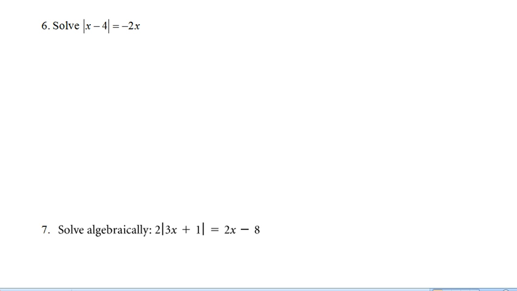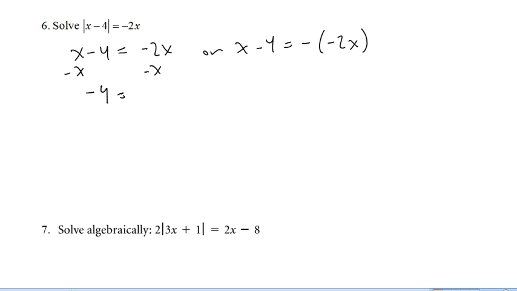Alrighty, next question, exact same thing. So x minus 4 is either going to equal 2x, or x minus 4 is going to equal negative 2x. So this guy actually, let's get our x's on the right. So let's subtract x from both sides.